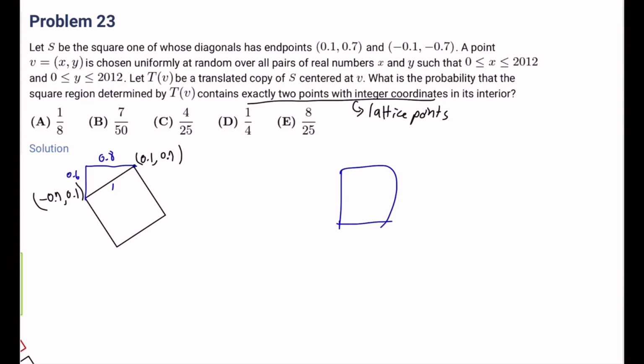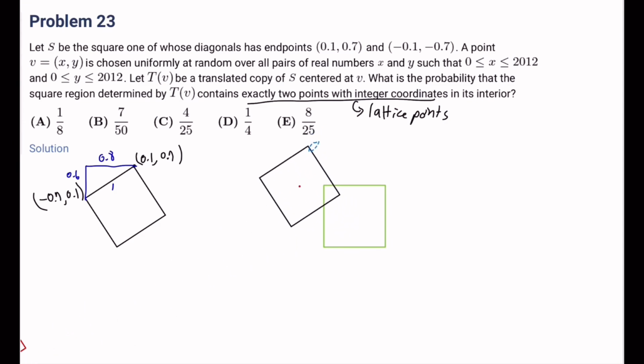And so now, let's make this a little better, and that's going to look like this, right? So this is going to be our unit square, and same as this, it's also going to have length 1. And if we mark the center with the red dot, then we can move it around, but the dot has to stay inside this green line.